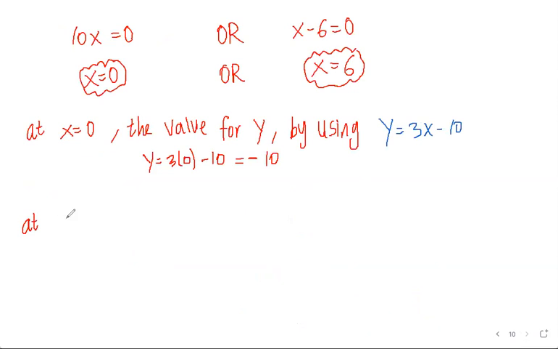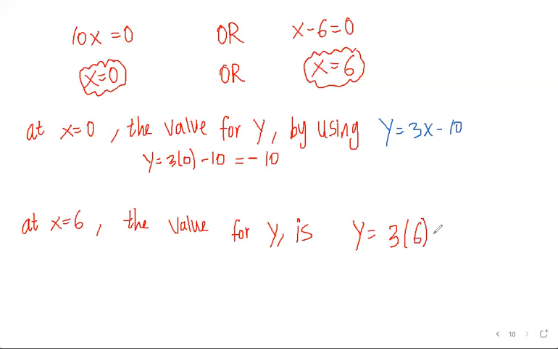And at x equals 6, the value for y, by using the same formula, is y equal 3 times 6 minus 10. 3 times 6, 18, minus 10 equals 8.